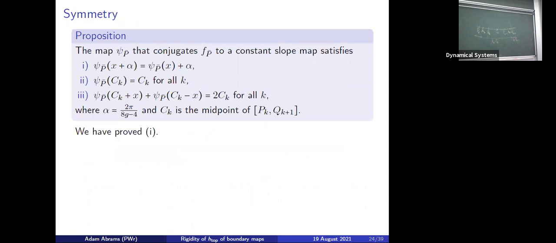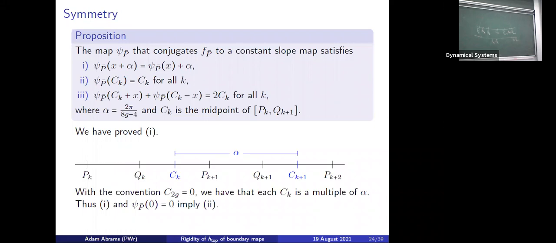You can read the details in the paper if you're curious, but the proof of property 1 is very fast. The proof of property 2 is even faster. That's the whole proof of property 2. So once we have these conventions that we're labeling one of these capital C points as 0, and we know that they're all separated by exactly alpha, that means that all of the capital C's have an argument that's a multiple of alpha.